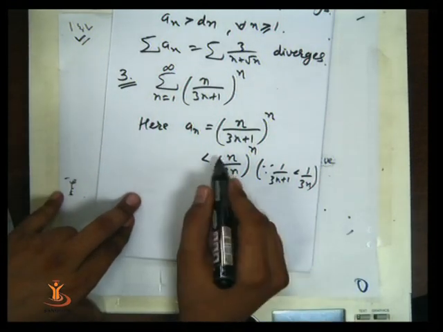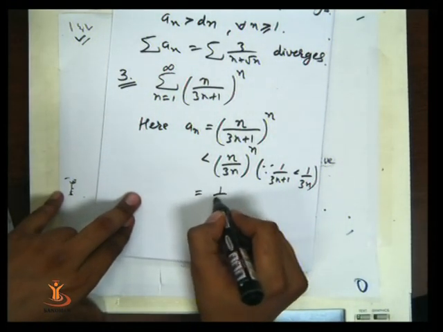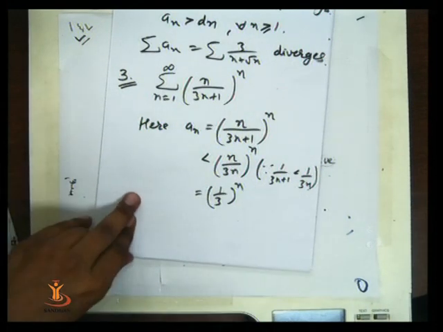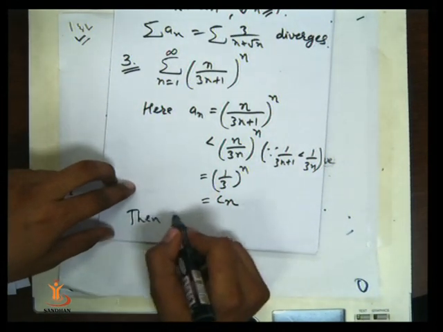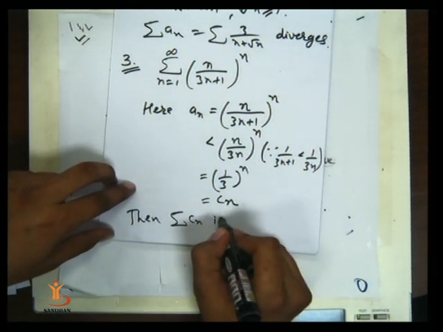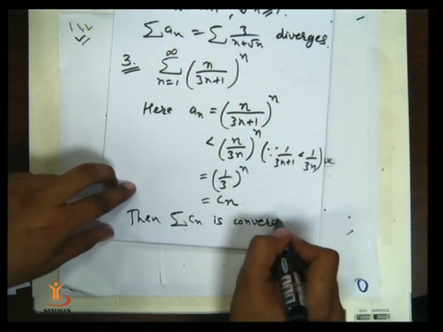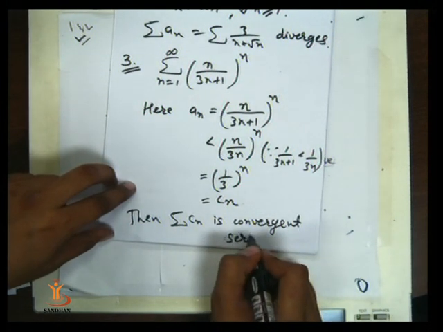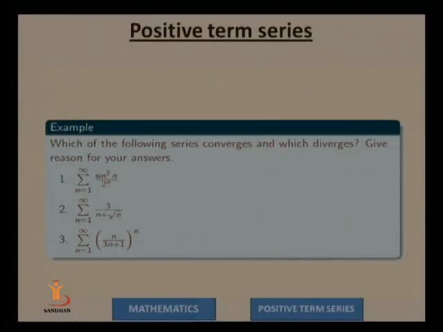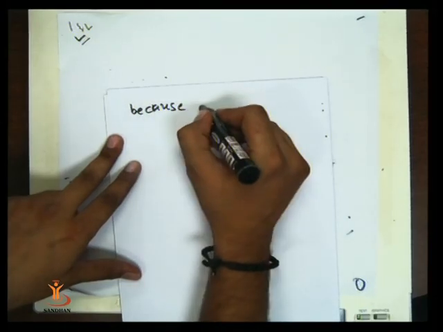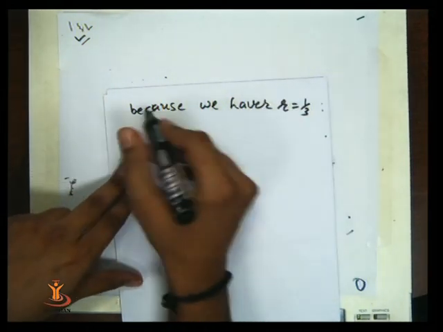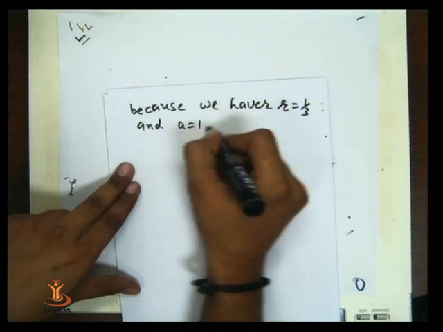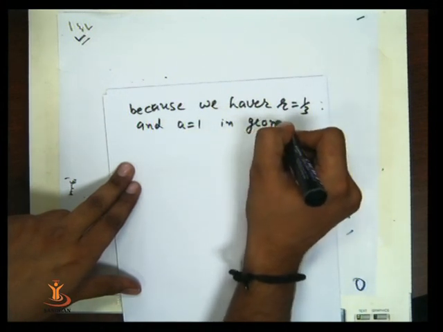Now n upon 3n raised to n is nothing but 1 upon 3 raised to n, and we call that series c_n. Then summation c_n is a convergent series, because we have a geometric series with ratio r equals 1 by 3 and a equals 1.